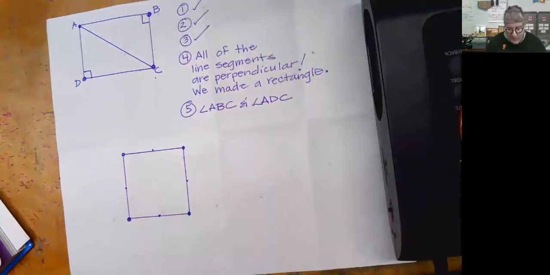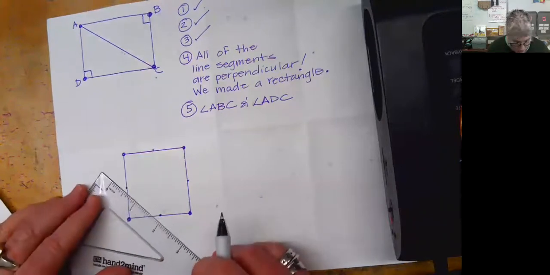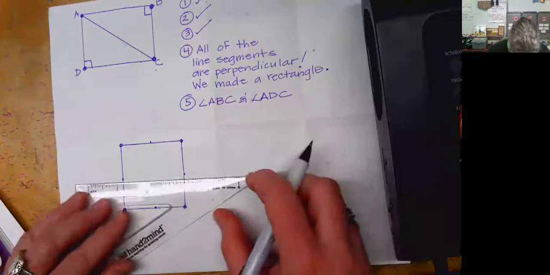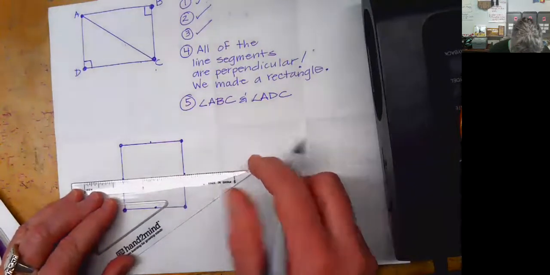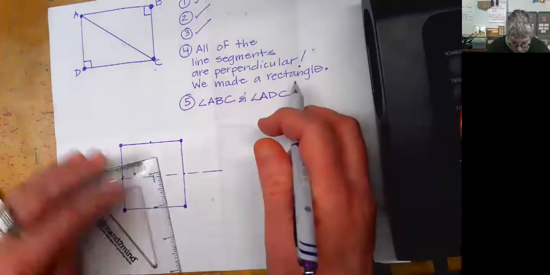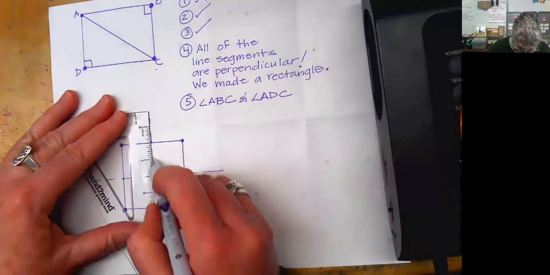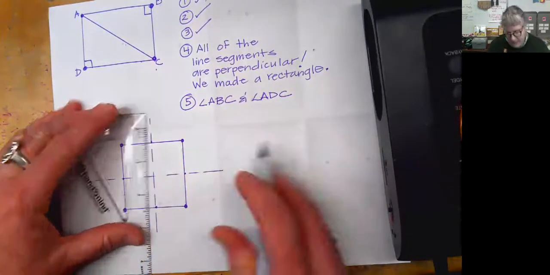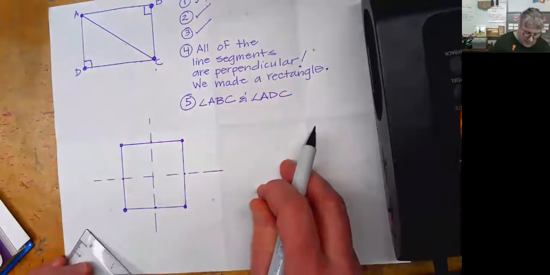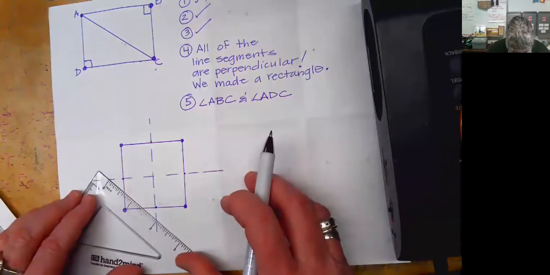Now, it has to be 2 inches long, and we want to have a point out here. So I'm going to draw an imaginary perpendicular line through the middle of this whole thing. And then I'm going to show 2 inches where I connect these two.